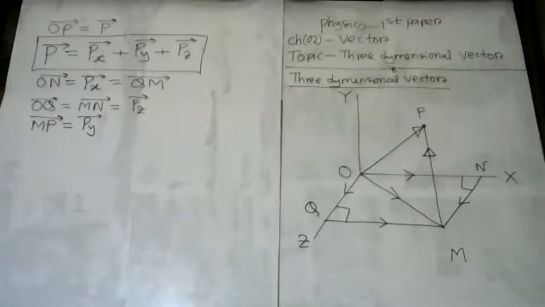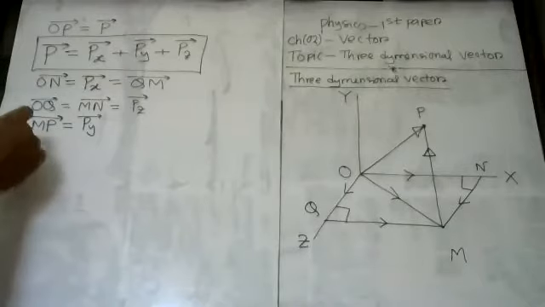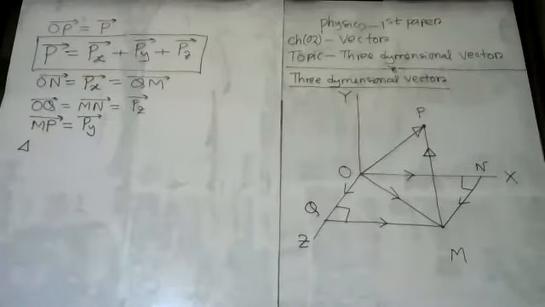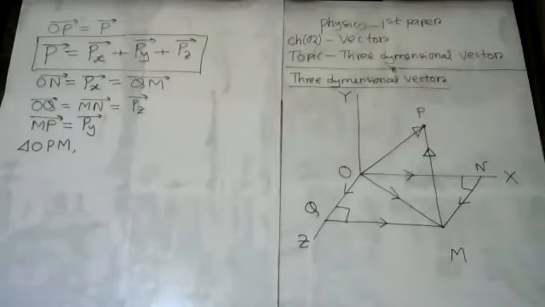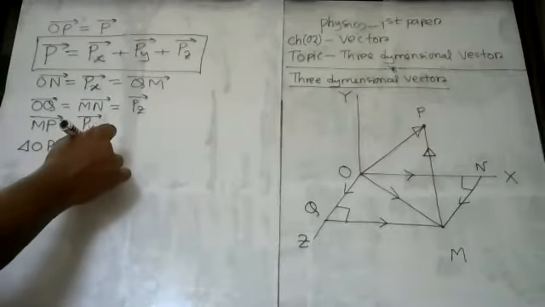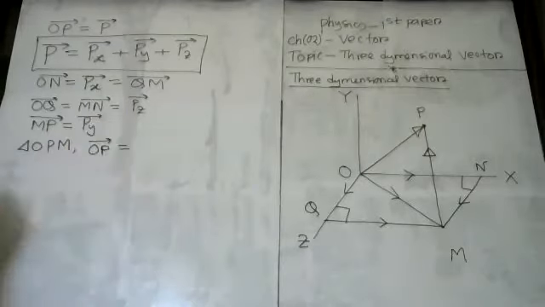My dear student, now we're going to show this by using the law of triangle, because you know that the law of triangle is a basic law of the geometrical part of vectors. So if I apply the law of triangle in triangle OPM, then we can say that OP will equal first OM, then MP.